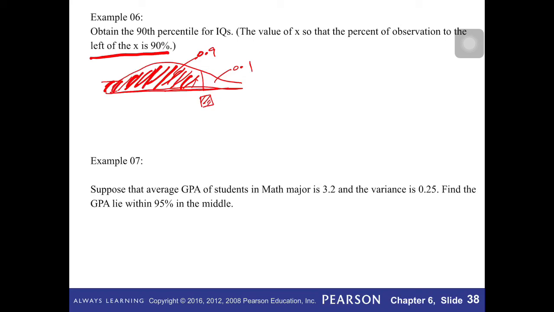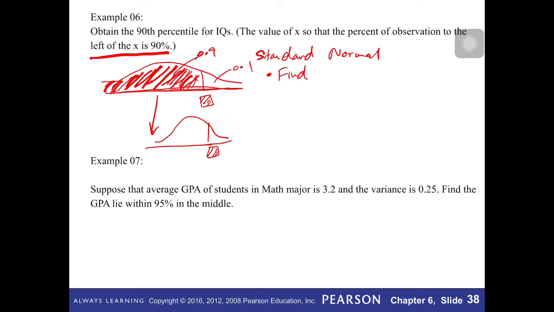So what do you have to do? This is standard normal, and you have to convert this into your normal distribution. First, you have the area 0.9, so find the area.